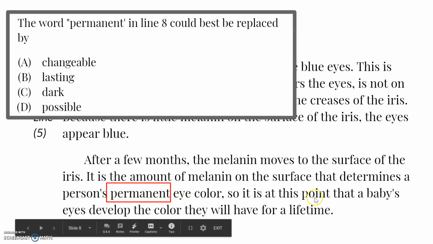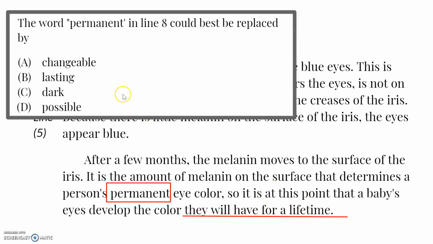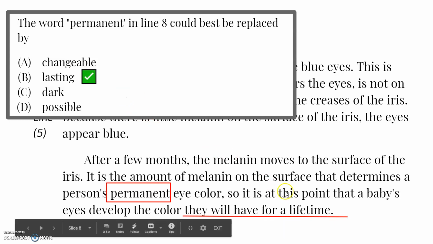So it is at this point that a baby's eyes develop the color they will have for a lifetime. So permanent means something that you get for a lifetime. It means forever. So the best answer to this question is lasting. It means forever or a lifetime.